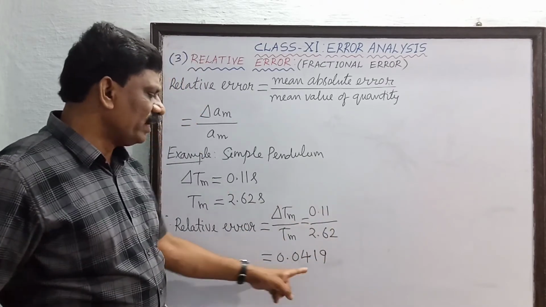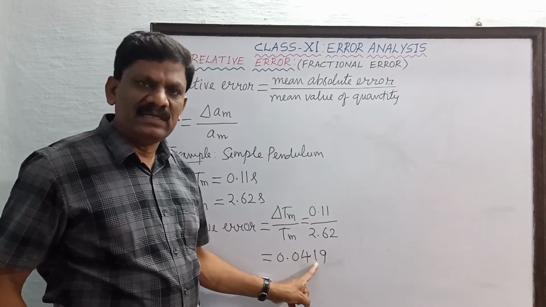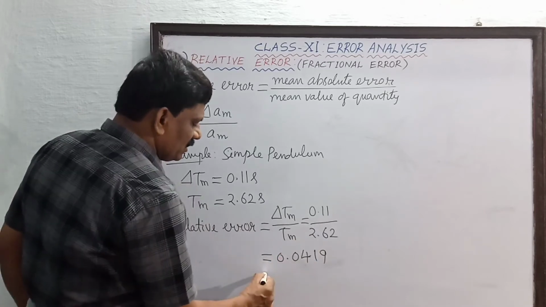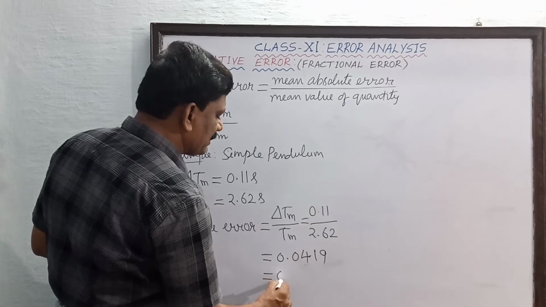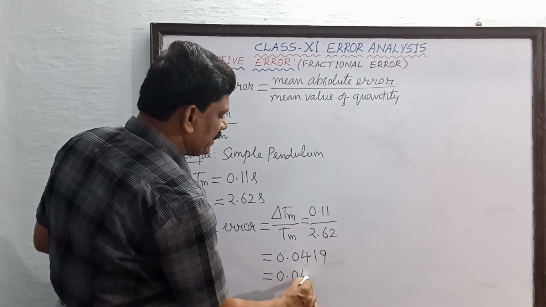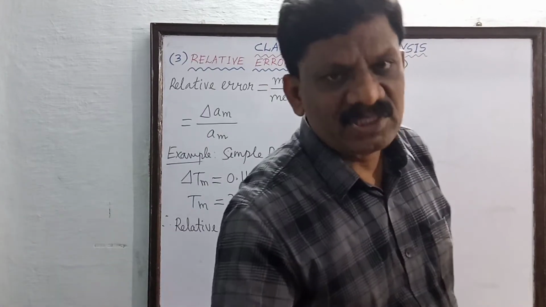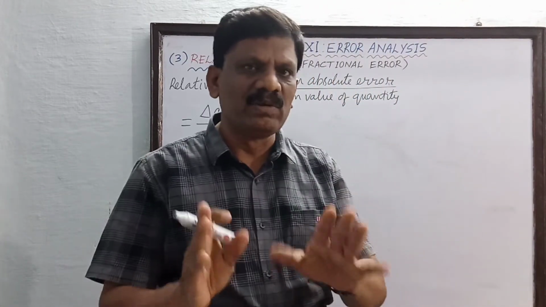I look at the third digit, which is 1, less than 5, so after the second digit we can drop the rest. So the relative error in the measurement of the period of oscillation of a simple pendulum is 0.04. Have you understood relative error?